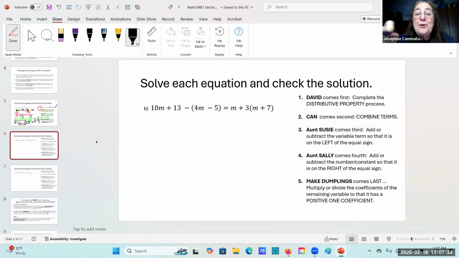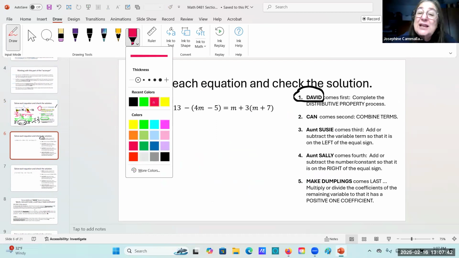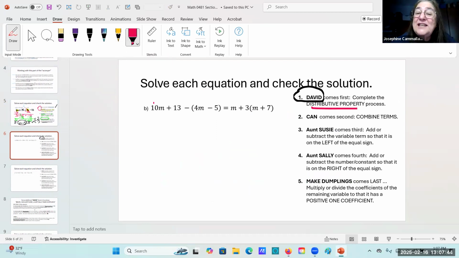Okay, now this one is going to introduce David. We're introducing David because we have to deal with the distributive property. That's one of the catches. Now, you have to remember, in front of this parentheses is a negative 1. Okay, well, let's continue.